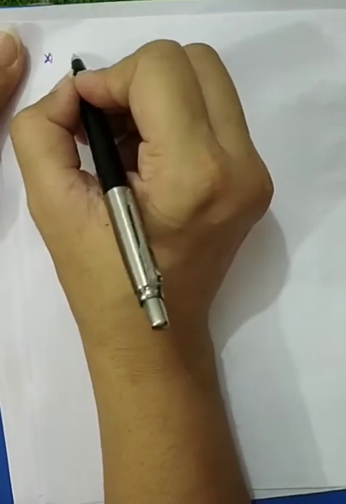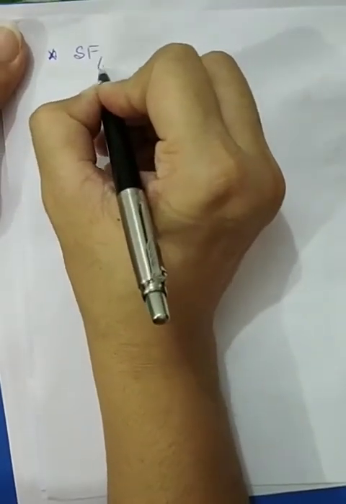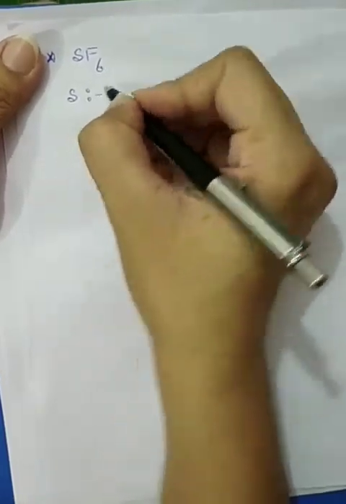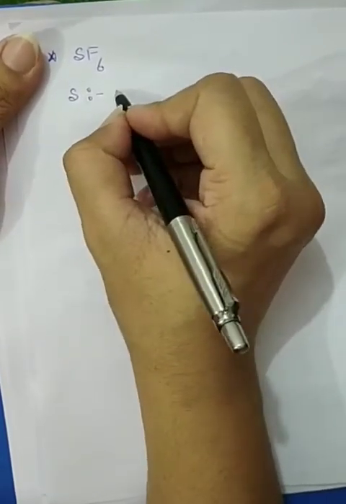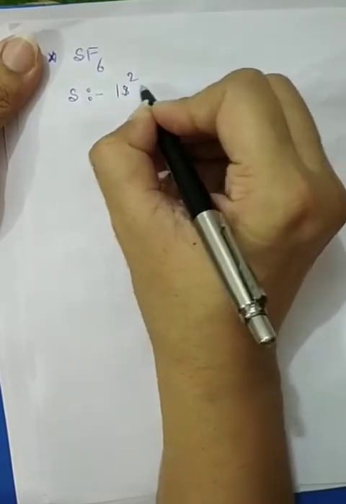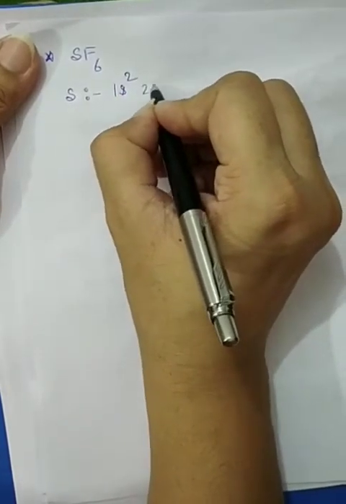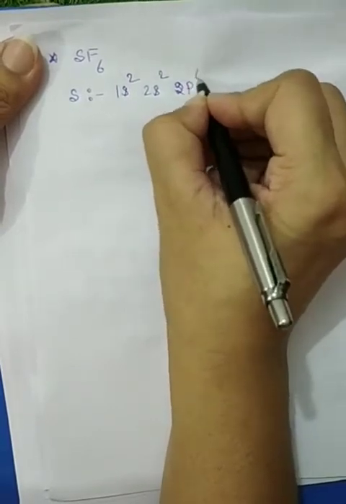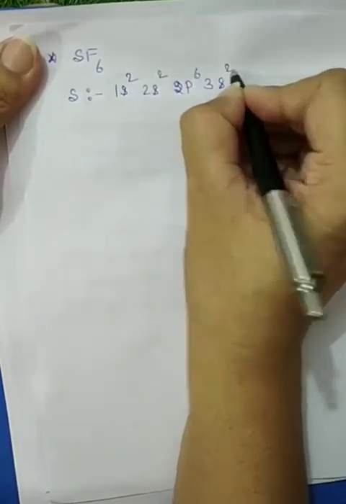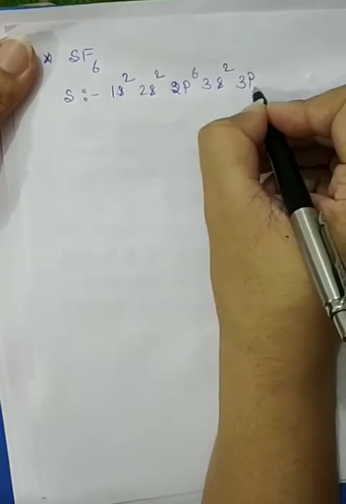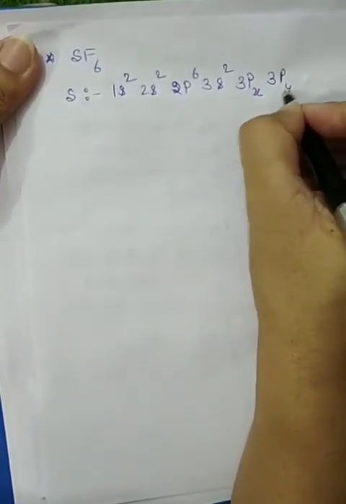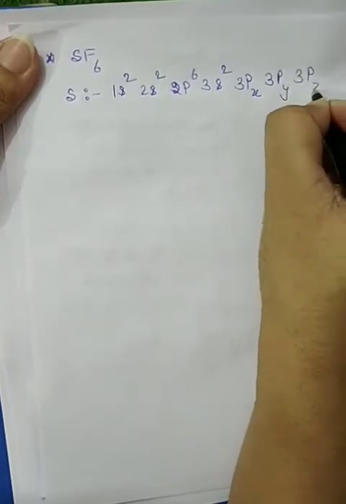So the next example is SF6, sulfur with atomic number 16. Its electronic configuration is 1s2, 2s2, 2p6, 3s2, 3px, 3py, 3pz.